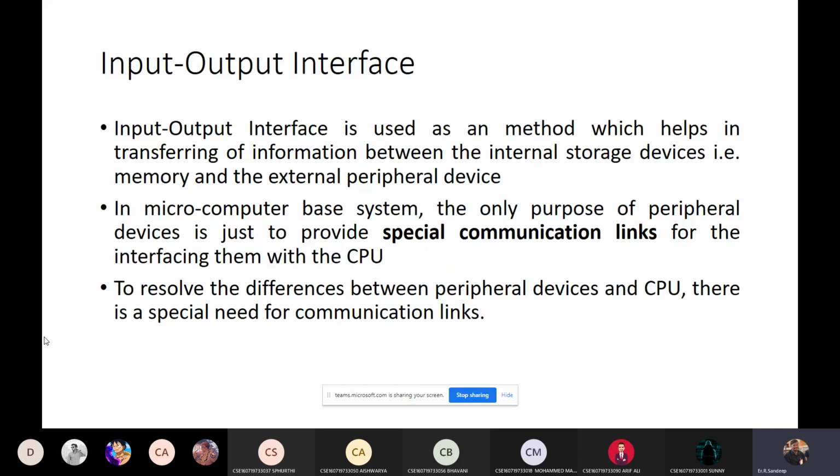First of all, what is an input output device? Maybe you have knowledge about the various types of input and output devices. What is a peripheral device? Tell me where we will use this word peripheral device.